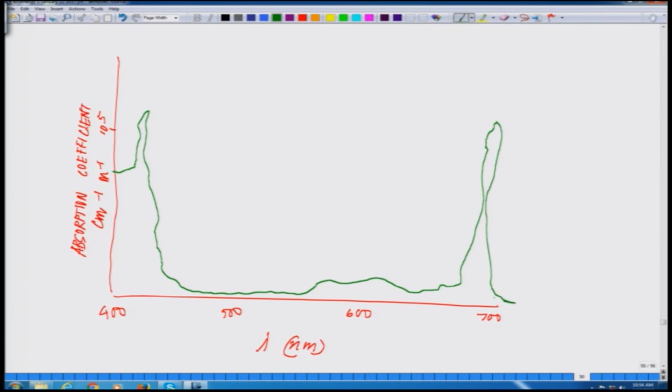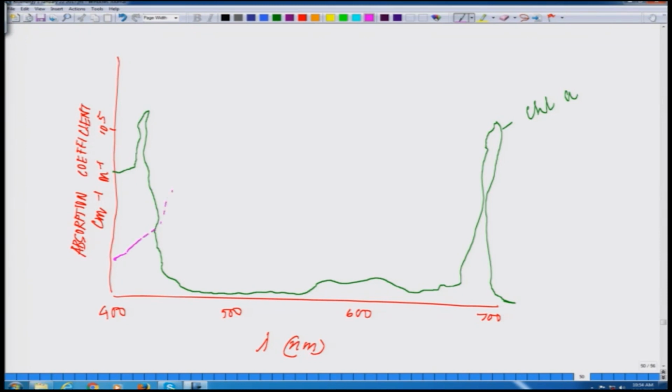Okay. Now, if you look at chlorophyll B, let me just put this. So, this is chlorophyll A, and for chlorophyll B, if you see the absorption, it is something different. It will be something like this.